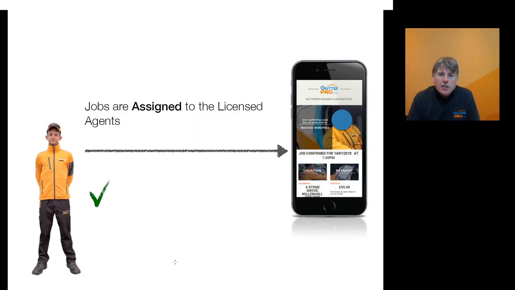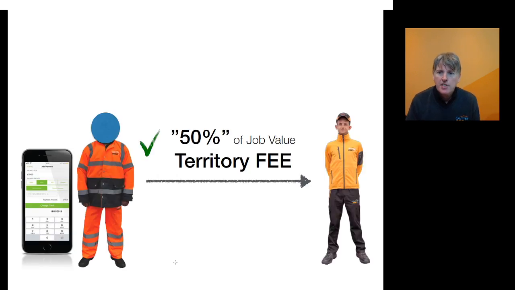So you have the jobs, you then assign or subcontract these jobs to the licensed agent, and then they pay to you a fee, which we think is about half the value of the job.